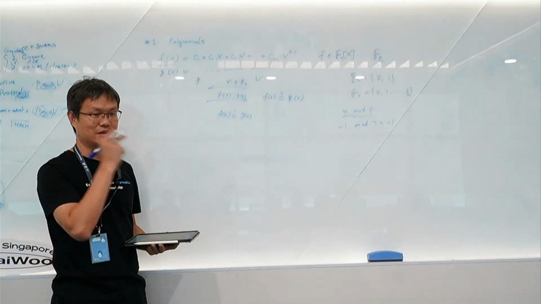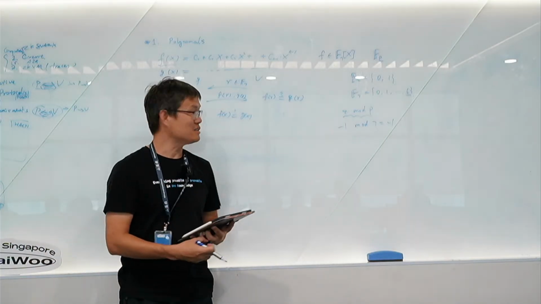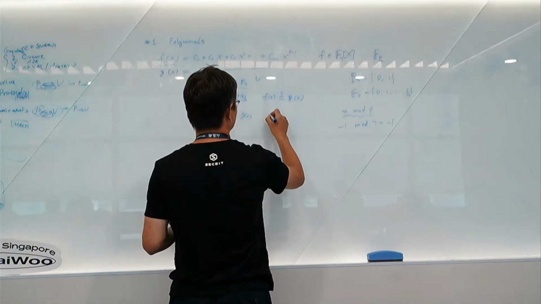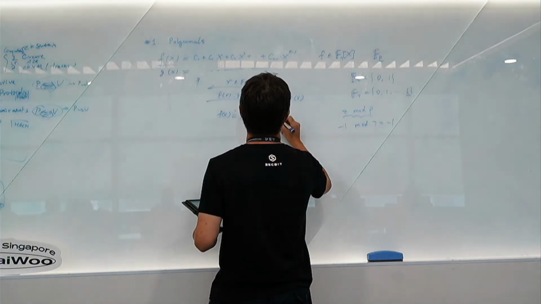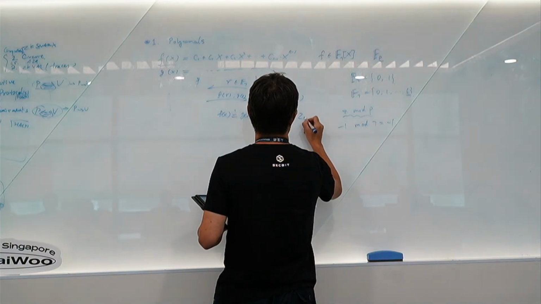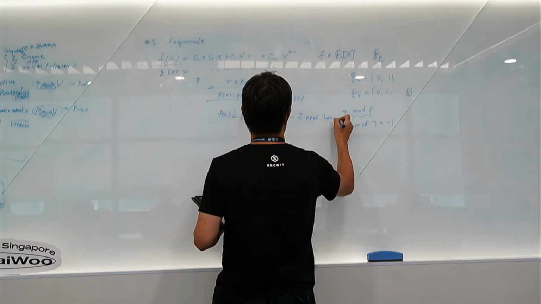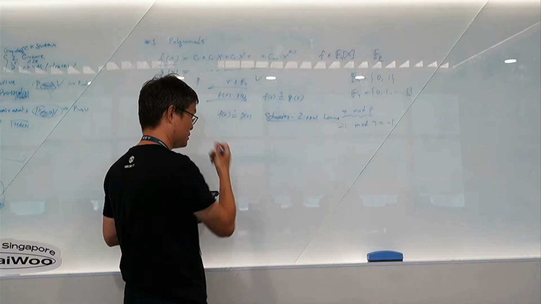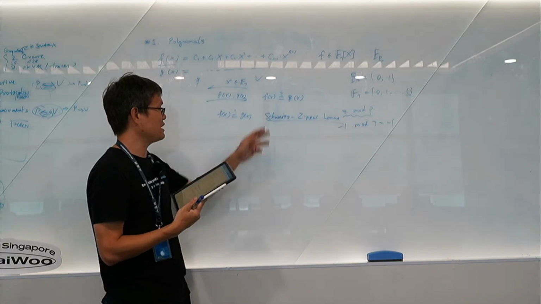Okay, any question here? This is called the Schwartz lemma. You can ask AI for more information. It's called polynomial testing.